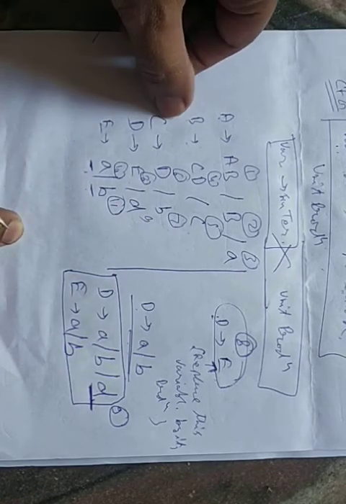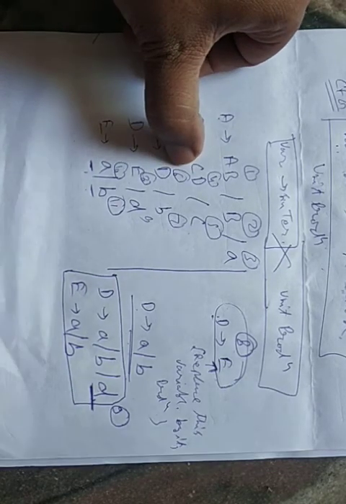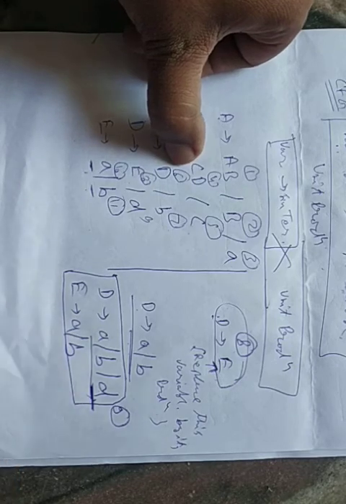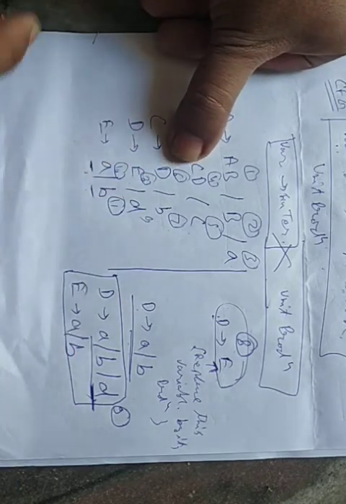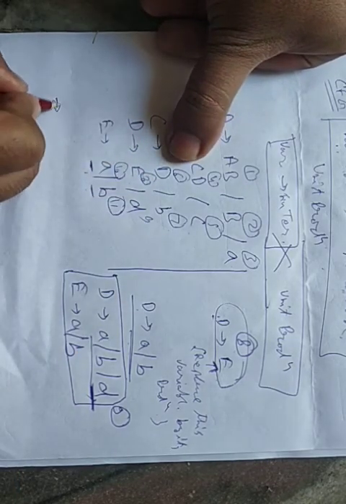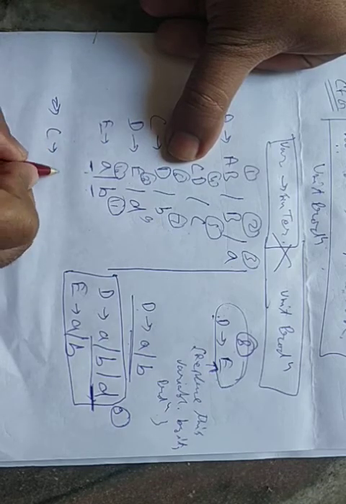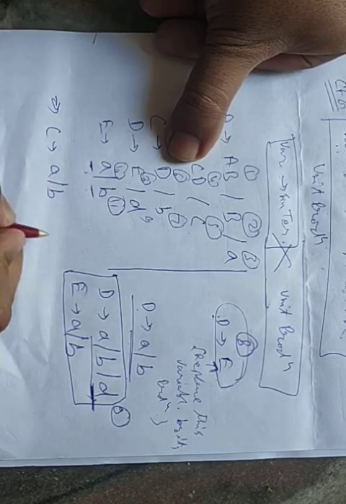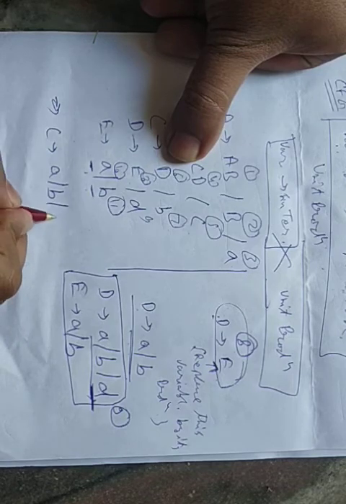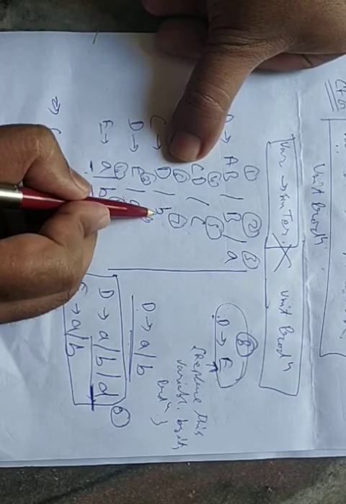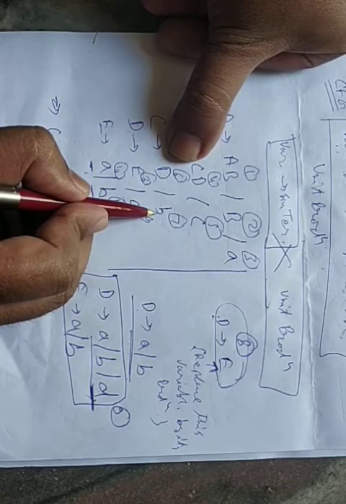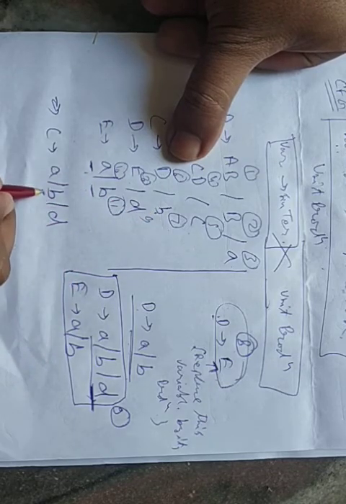Now C is producing D, and D becomes this one now. So what I can do is replace this. C produces A slash B slash d, and since B I already have, I'm not going to write it again.